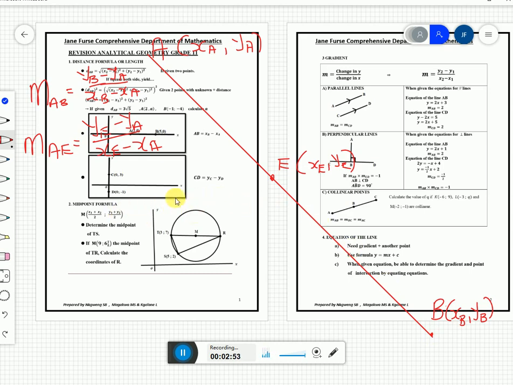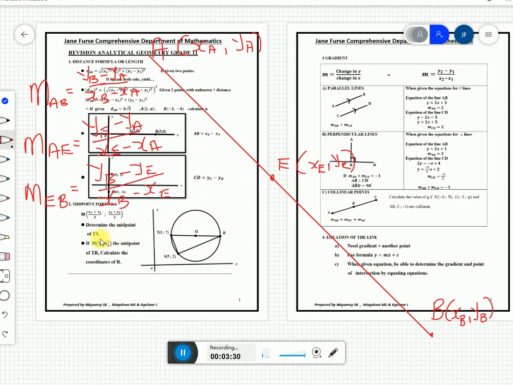And you might sometimes be requested to find the gradient EB. EB is equal to Y at B minus Y at E divided by X at B minus X at E. You can see that when I start with B at the top, I'm also doing the same at the bottom.